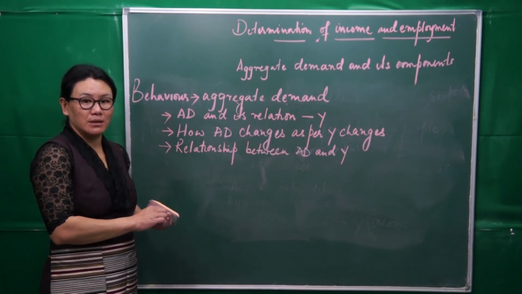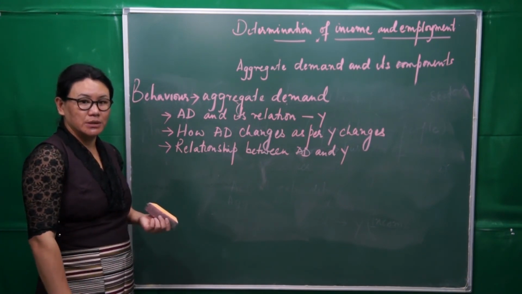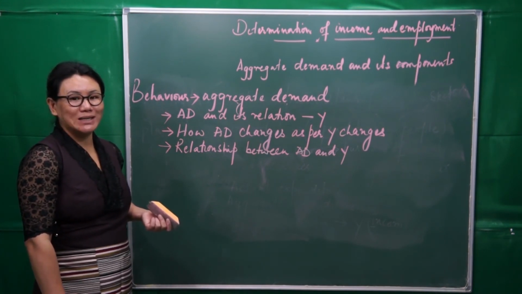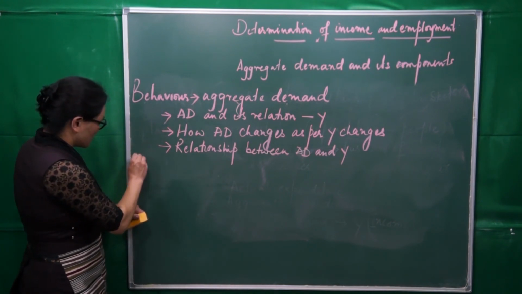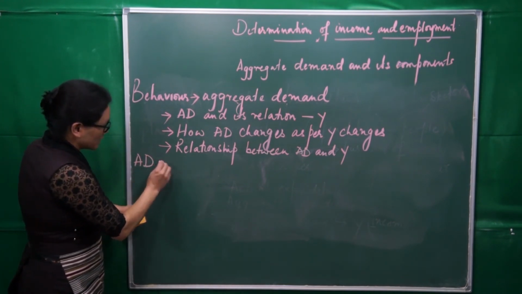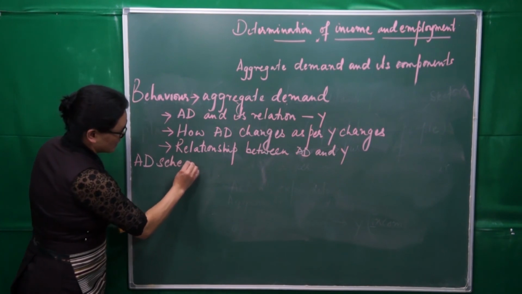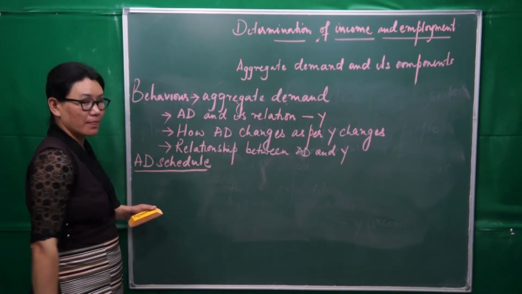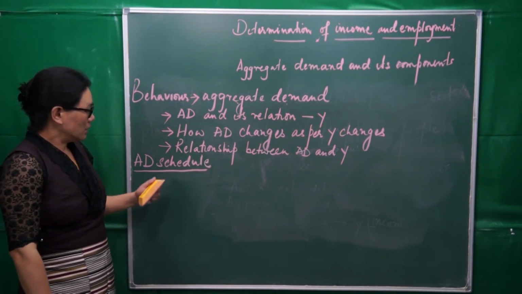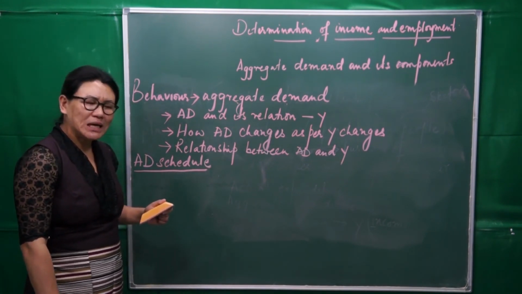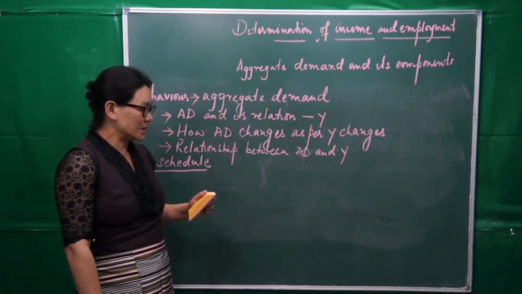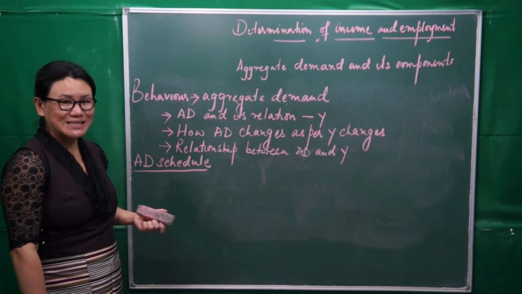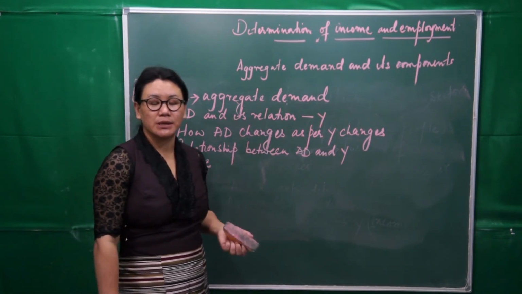Now this relationship can be studied by using a schedule, which we call AD schedule. Now schedule. In economics, this will come again and again. What is the meaning of schedule in economics?